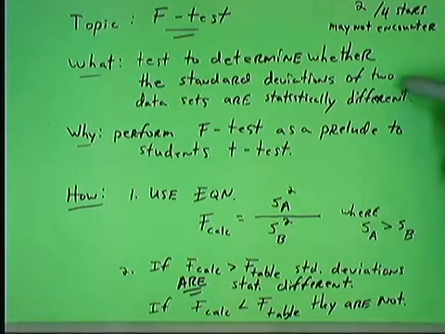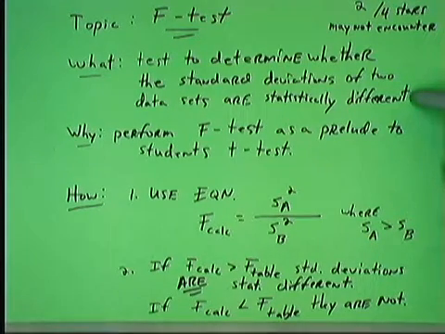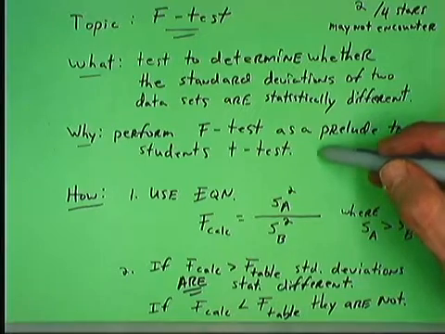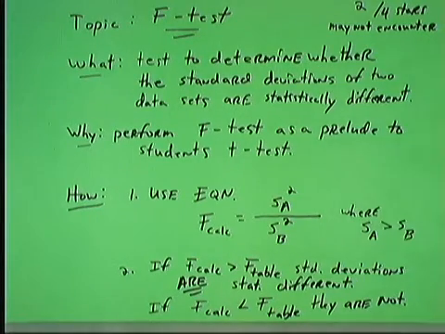Because whether or not the standard deviations of the two data sets are statistically different is actually pretty important when you perform the t-test. What the t-test is essentially looking at is the overlap between the two different distributions, whether or not they could possibly overlap or not.